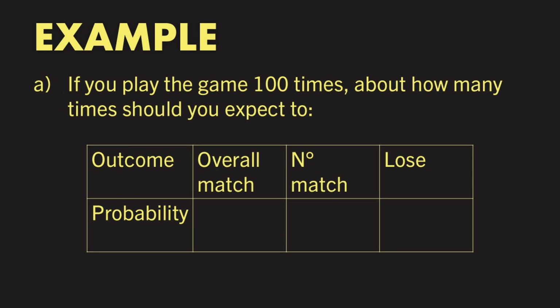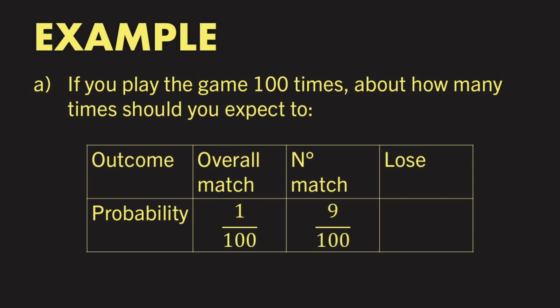The probability of an overall match, if we have 10 letters and 10 numbers, there are 100 different outcomes and only one of them works for us. So the probability of an overall win is 1 over 100. Then the probability of just matching the number would be 9 over 100.